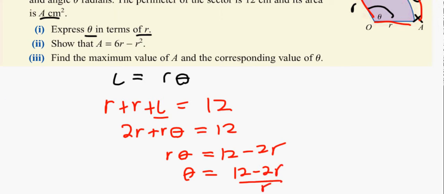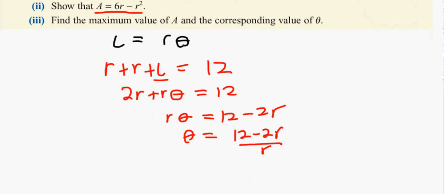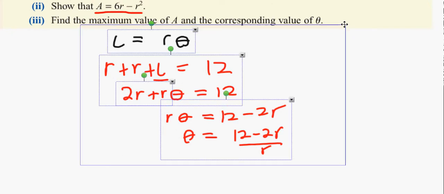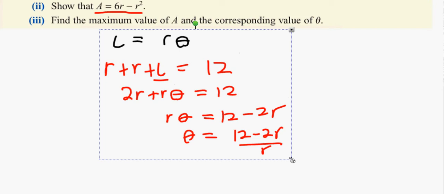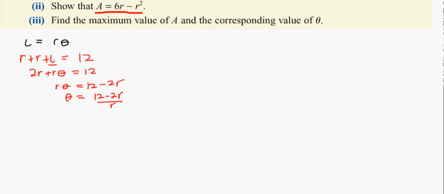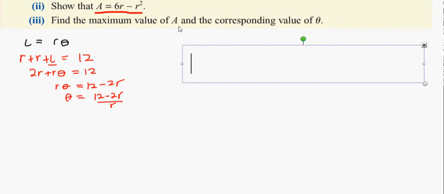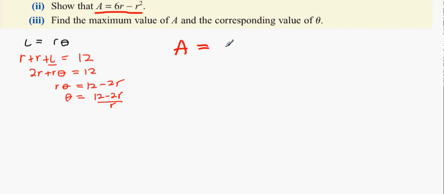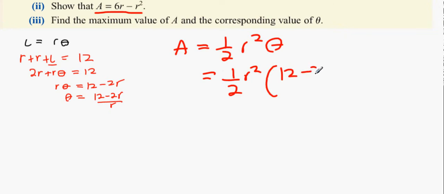Now what I want you to show next is that the area equals 6r minus r squared. Well, we just have to look up the area formula of a sector. The area formula of a sector is half r squared theta, which is going to be a half r squared times 12 minus 2r all over r.